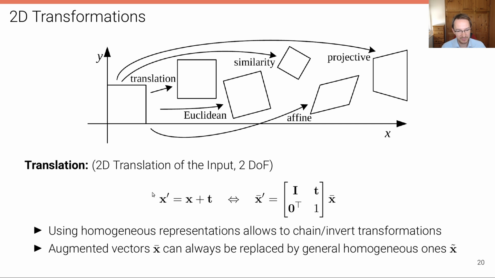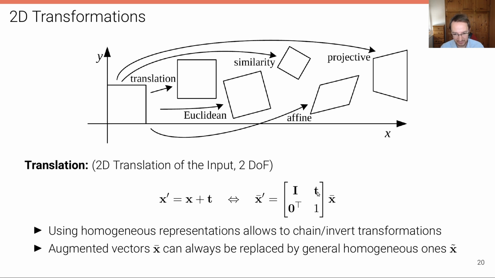And such a translation is simply given by adding a two-dimensional vector in inhomogeneous coordinates to all the points that we'd like to translate. And we can alternatively write this as this homogeneous expression here, where on the right we have a 3x3 matrix, and we're converting an augmented vector to the new location by multiplying it with the identity matrix and adding the translation.